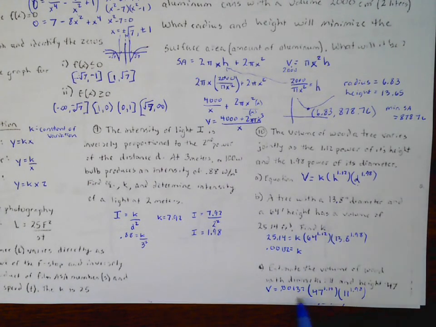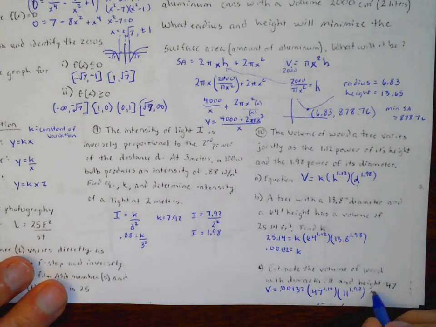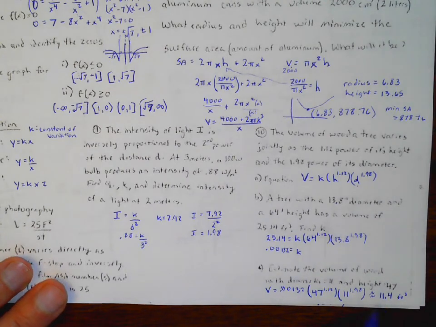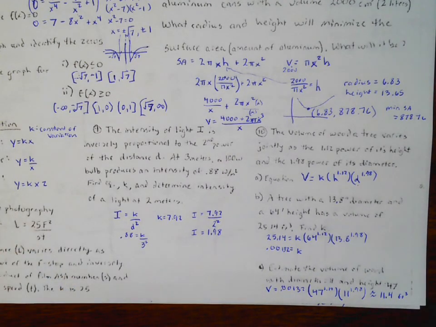Okay, you work all this out, put it in Desmos. There's about 11.4 cubic feet. Okay, that's how much wood that tree would produce.